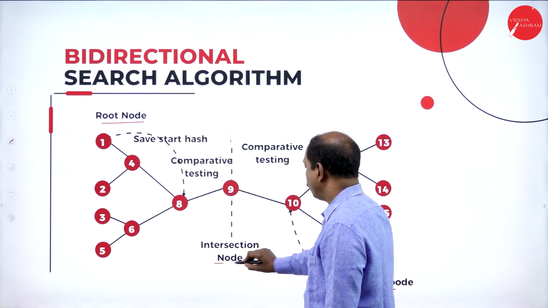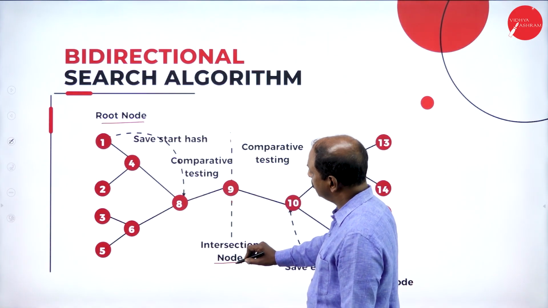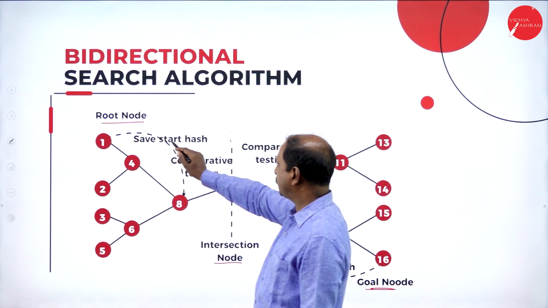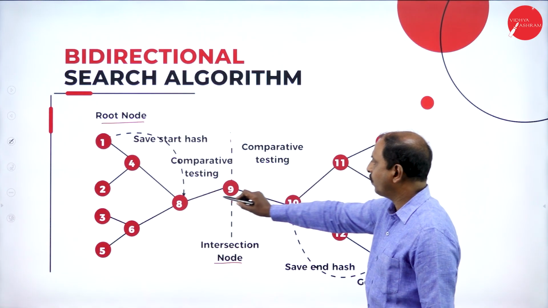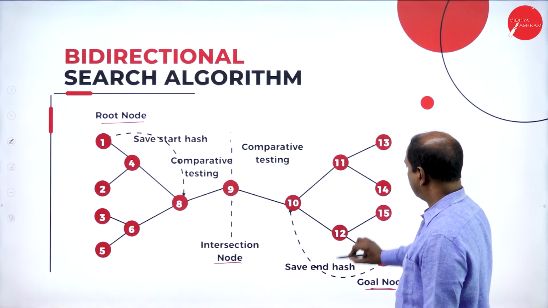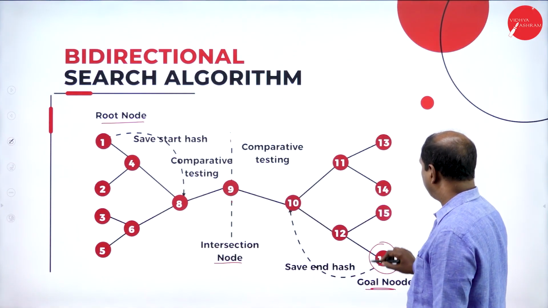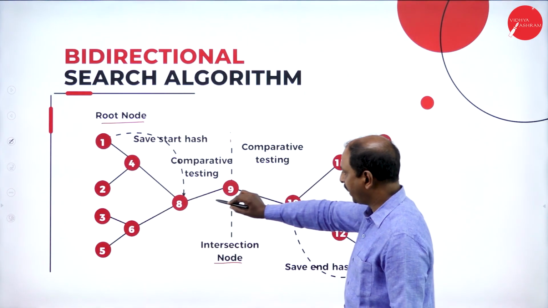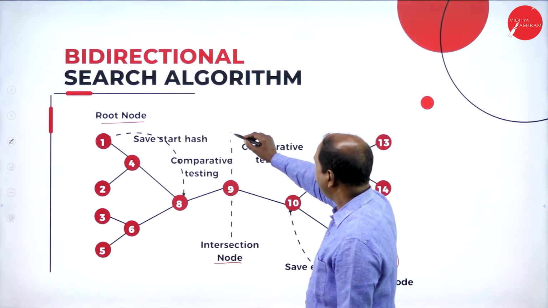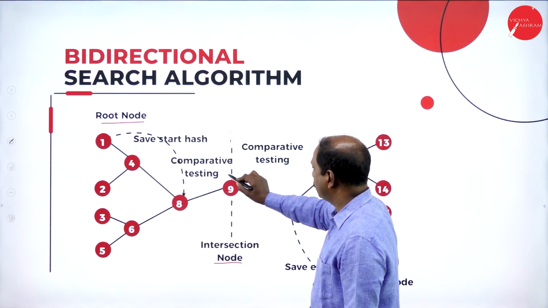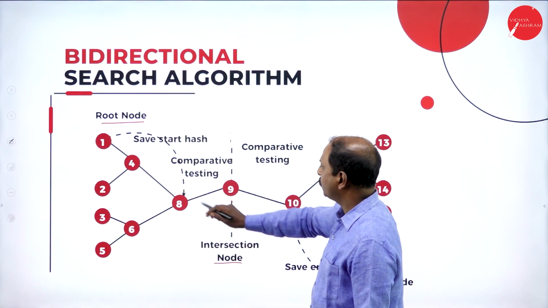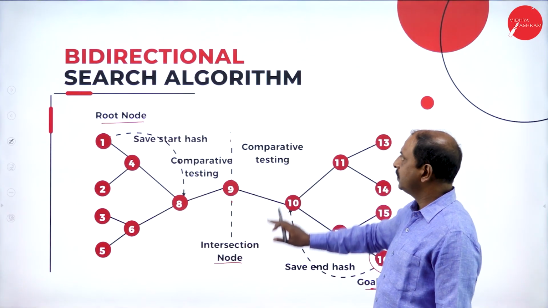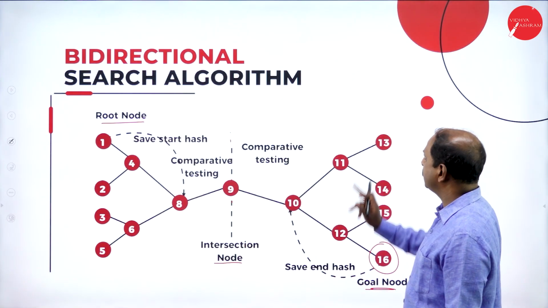This is the intersection node where the search stops. One search moves from the root node towards the goal node, and in the other subset it moves from the goal node towards the root node. At a particular stage they intersect at this point, called the intersection node, and the algorithm stops. This is the definition of the bidirectional search algorithm.